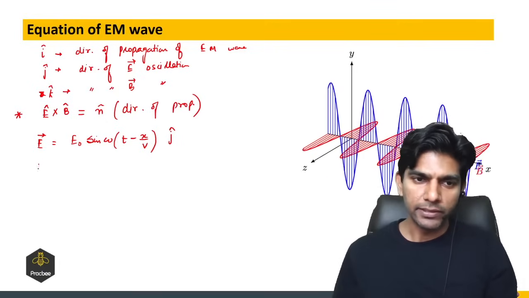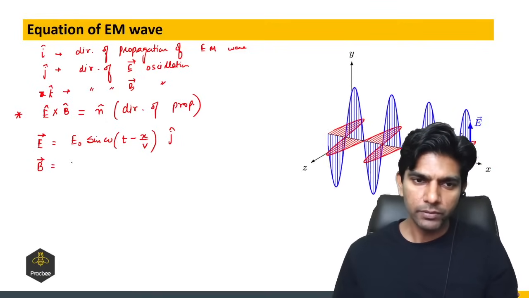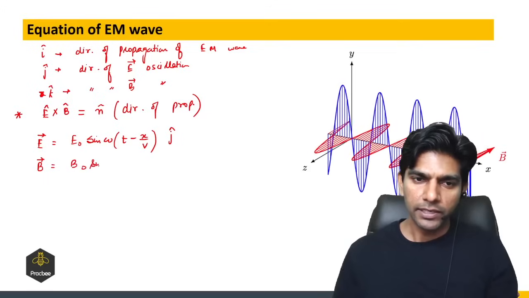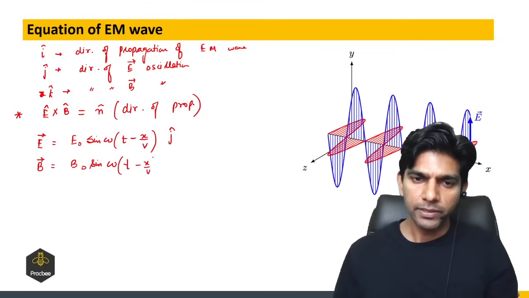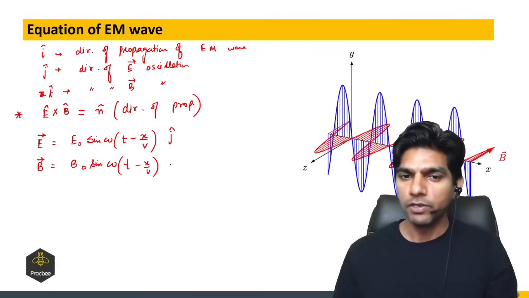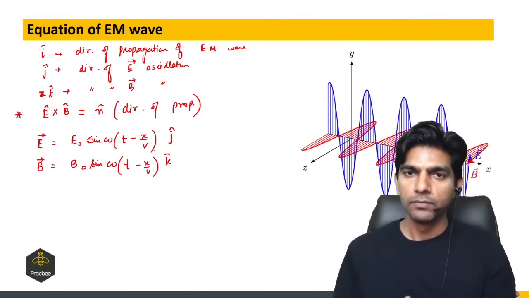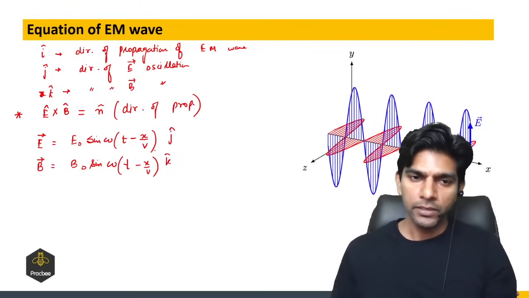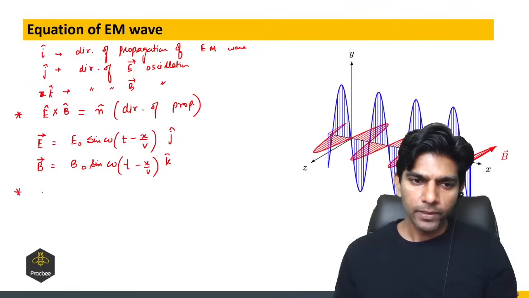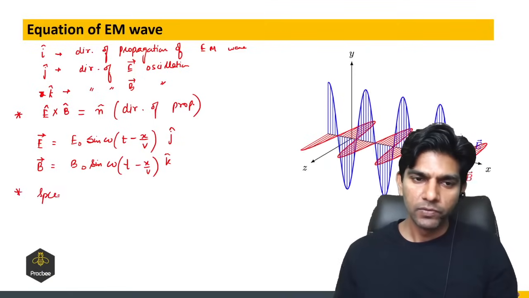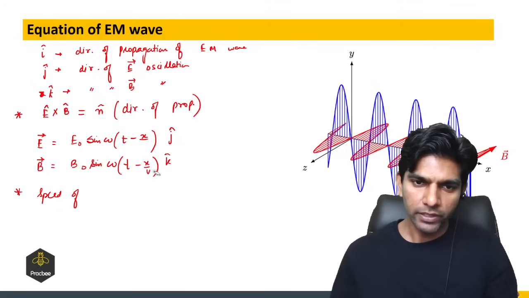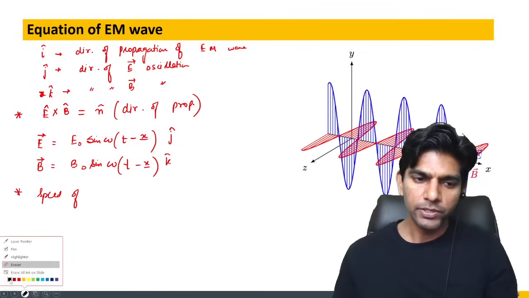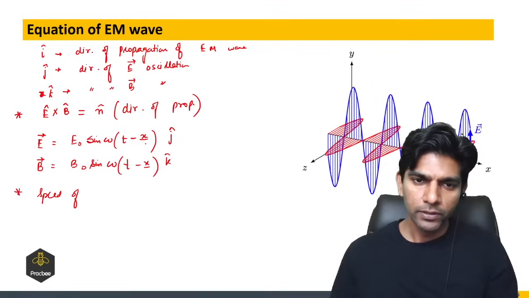Similarly, we can show the magnetic field: B will be B naught sin(ωt − x/v), and instead of j cap we'll write k cap. I hope it is clear. And you should also remember that the speed of electromagnetic radiation in vacuum is c, so let me write v in terms of c.